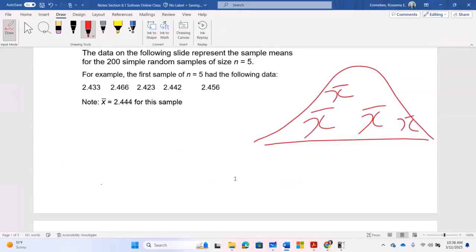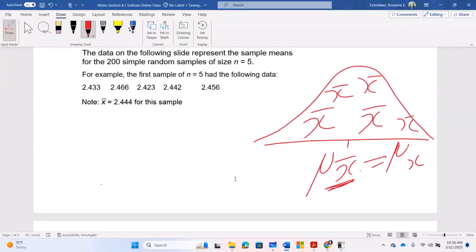The density curve of any mean of means must be normally distributed, where the mean of the density curve, we call it mu x bar, is equal to the mean of the original data, the mean of the random variable.